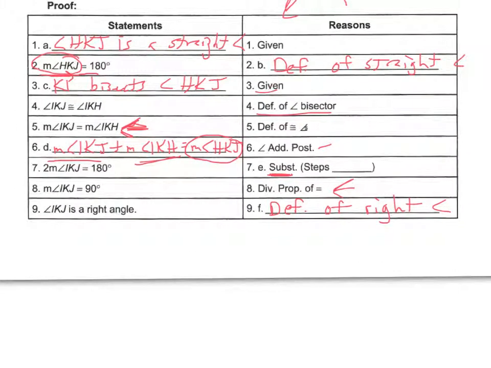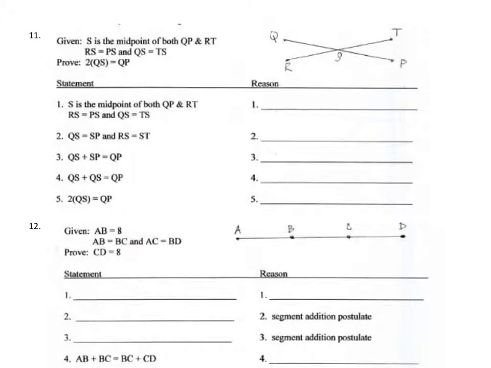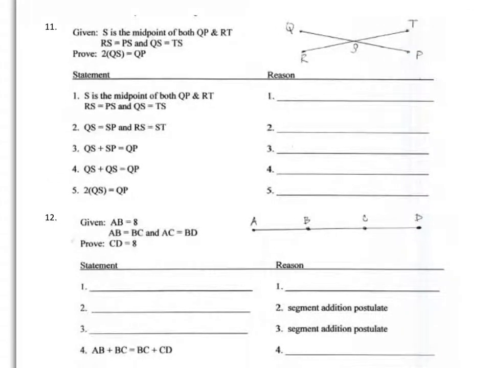That's it on this page. Continuing to look at this, of course the first reason is given. QS equals SP. I'll just go ahead and jot a few of these answers. You can check these. If you don't want to see the answers, want to try it on your own, come back.